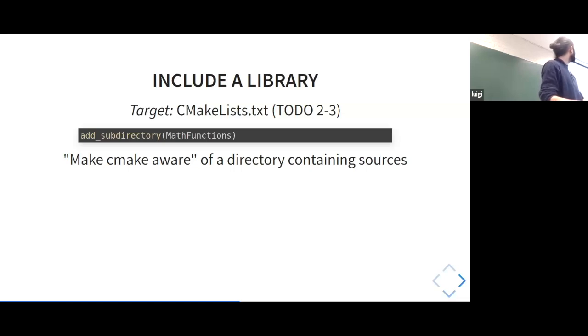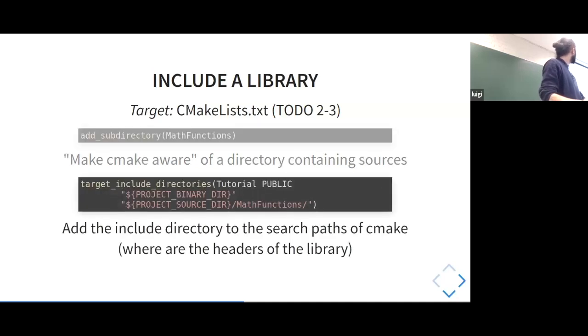Here, your subdirectory is called map functions. And then you need to include the directory. So this line already exists. It's the same we had during step 1, but here we use something more. We use the map functions directory in the include directories.